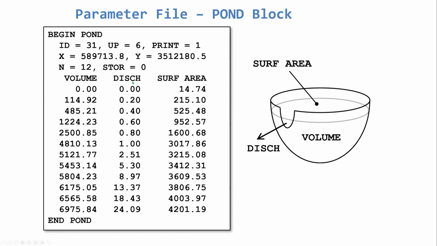Here we can see there's minimal discharge until we get up to this level. And then we start discharging, and typically the surface area will stabilize as well. And again, infiltration is not shown here, but you can specify infiltration parameters for the pond area if it's a natural surface.